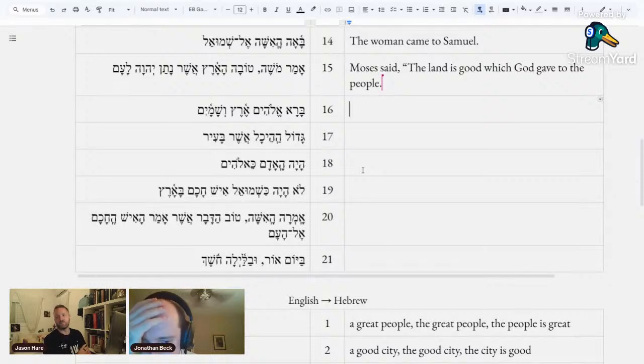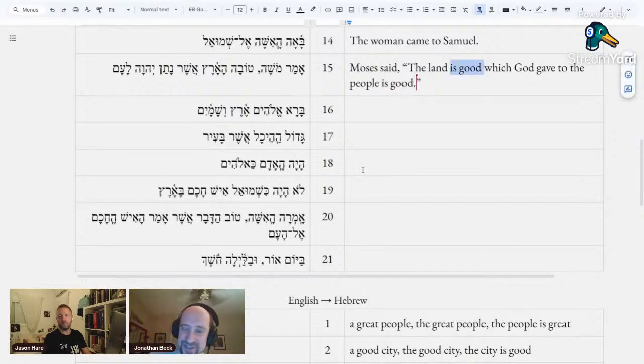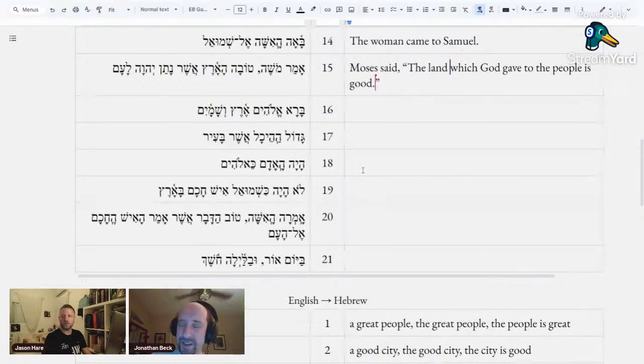Yep. Jason's putting it into good English word order. But it's important for beginning students to translate the Hebrew as you see it and then put it into good English. So that's what we're doing.